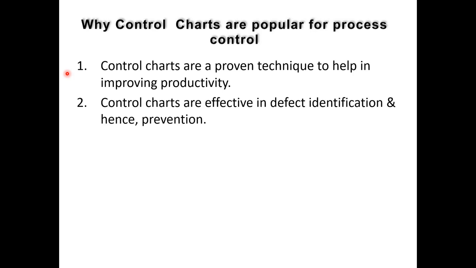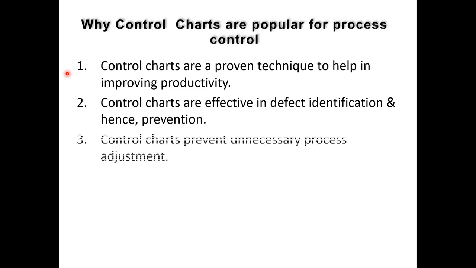Next, control charts are effective in defect identification, hence prevention. When you can identify the presence of any defects, then effectively you can do some rectification, and you can prevent such occurrence in the future.